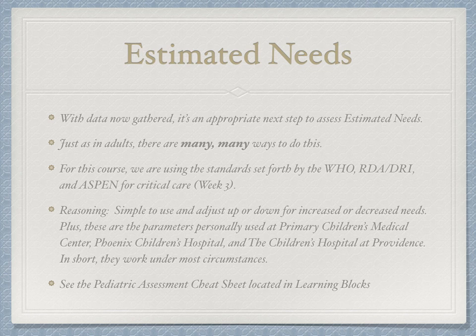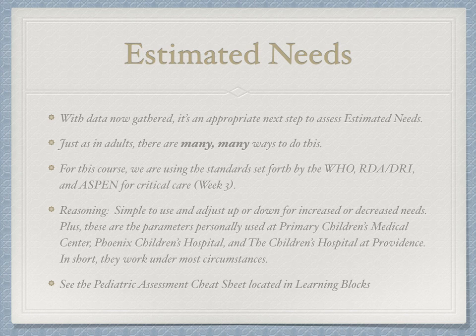So, with your data now gathered, it's appropriate to move on to the next step, and that is to assess estimated needs. Just as in adults, there are many, many ways to do this and many different opinions on how to do this. For this course, we are using the standards set forth by the WHO, RDA, DRI, and ASPEN for critical care in week 3.